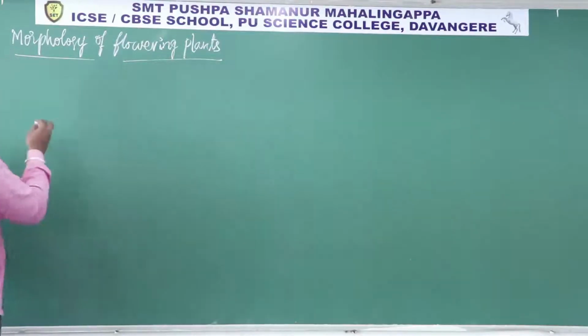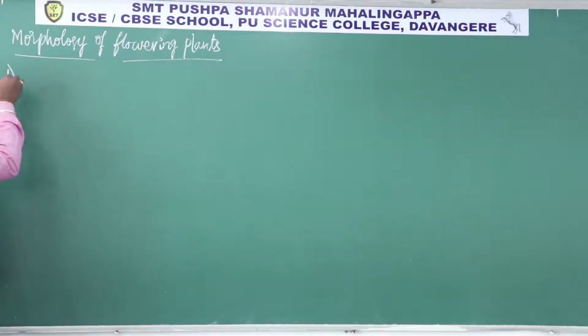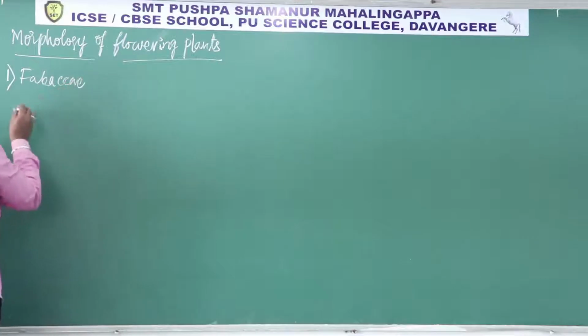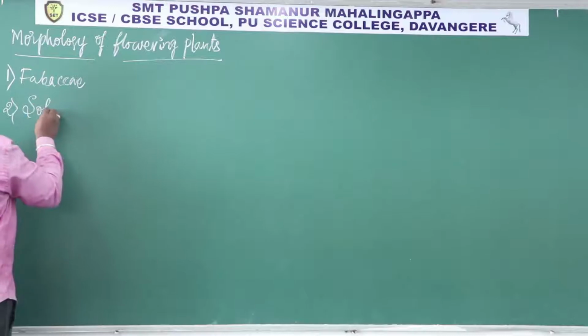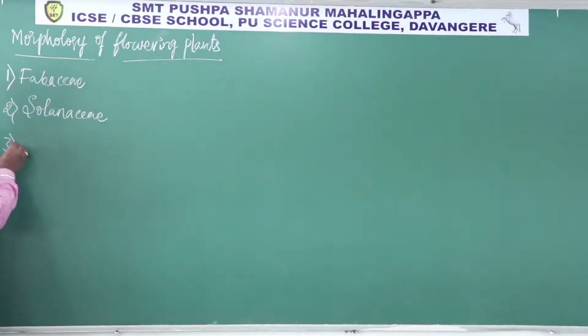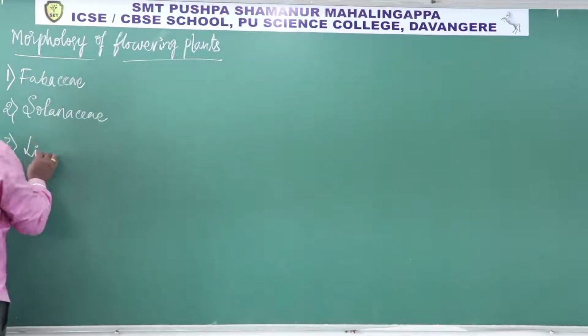Okay. So the 3 families you need to study are, one is Fabaceae, another one is Solanaceae, and the third one is Liliaceae.